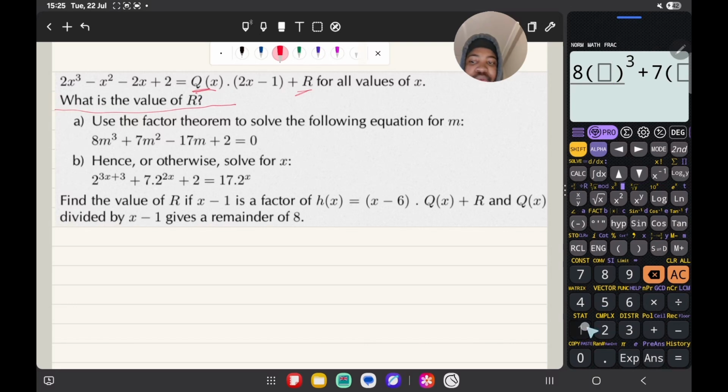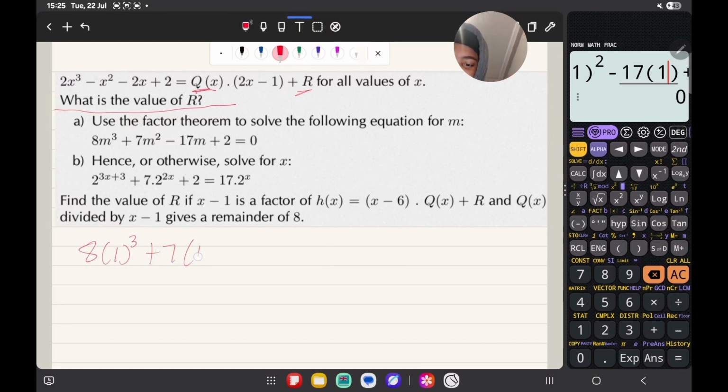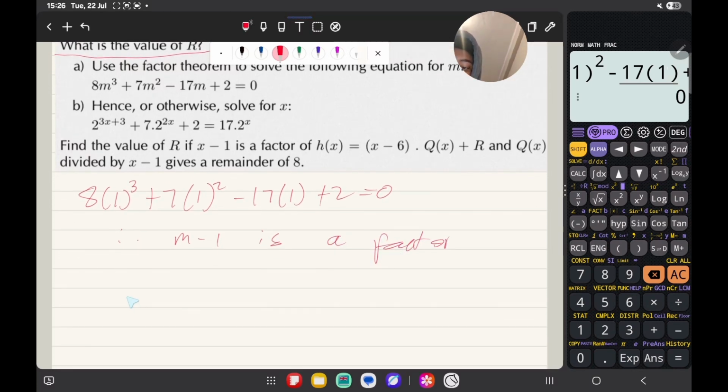Find the values, 1. 1 gives a 0, so you say 8 into 1 plus 7 into 1, minus 17 into 1, right? Therefore m minus 1 is a factor.